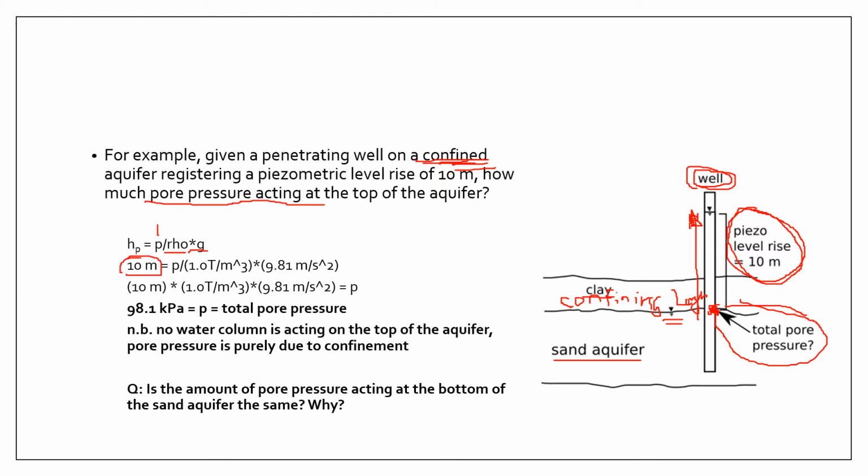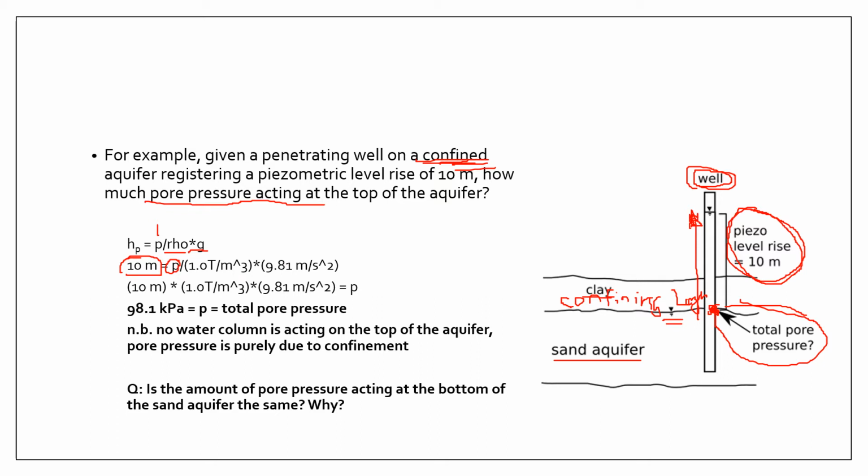We don't know the pressure, so we leave it as P. The density of water is 1 ton per cubic meter, and the acceleration due to gravity is 9.81 meters per second squared.